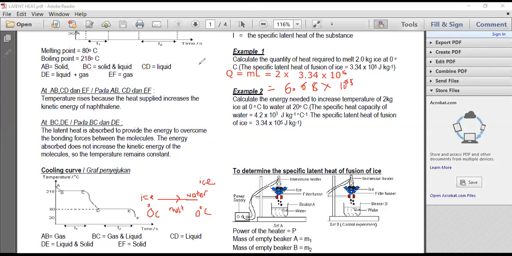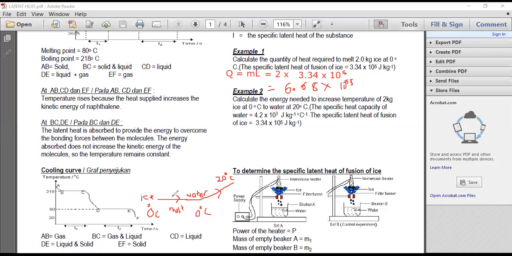After melting, only then can we increase it to 20 degrees Celsius water. So the first process is melting, then we increase the temperature.